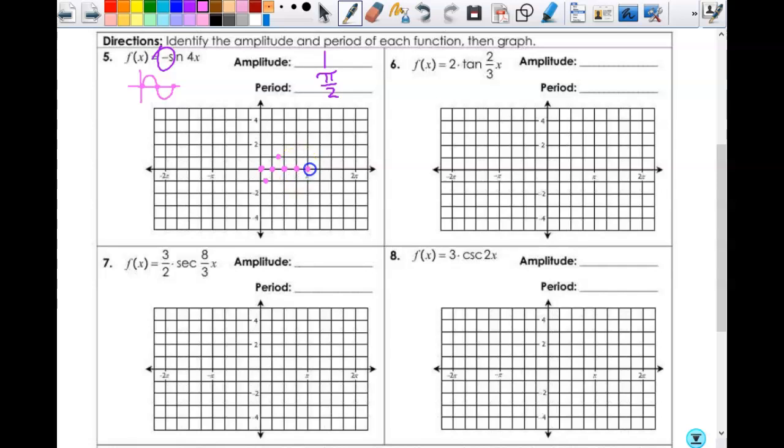So I have zeros at every intersection. And then I alternate these.